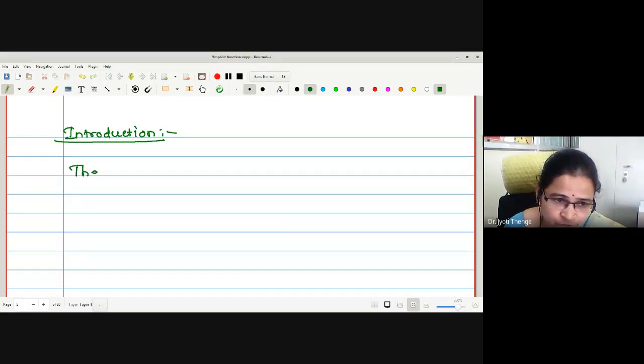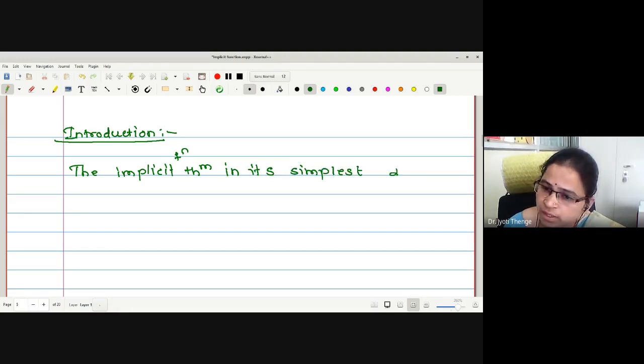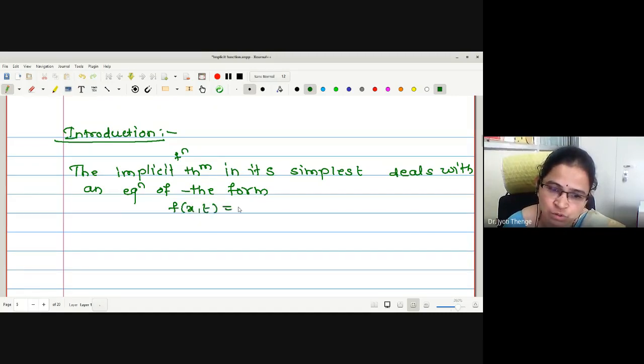The implicit function theorem in its simplest form deals with an equation of the form f(x, t) equal to 0. Let me call it equation number 1.